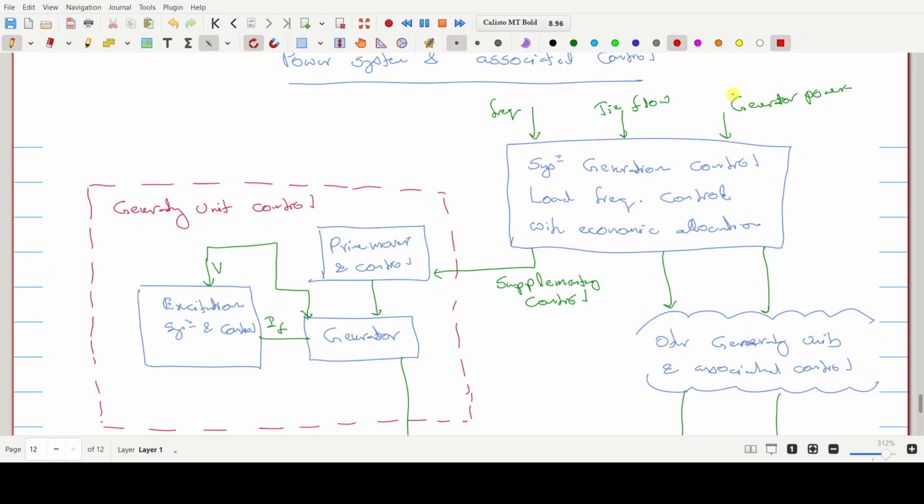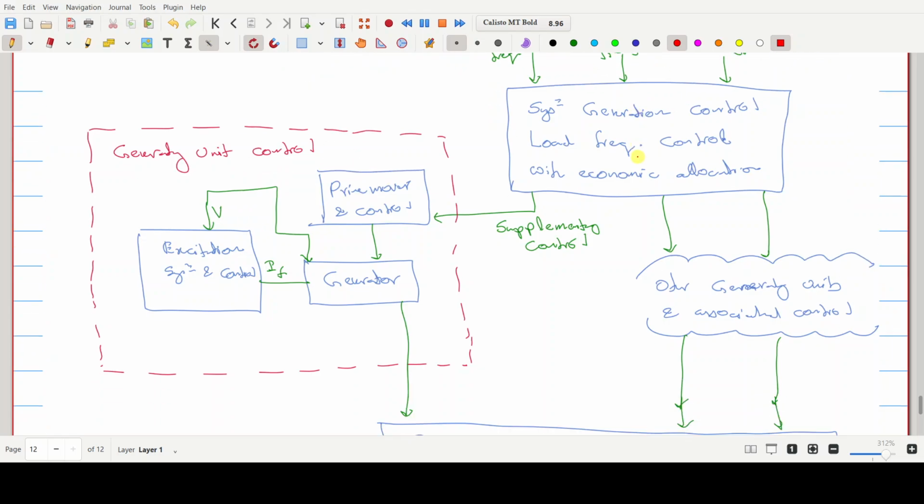and the generator power measurements, and also if there are tie lines, that means the lines between different parts of the power systems, those are called the tie lines. And the power flow in these tie lines is also measured, right.